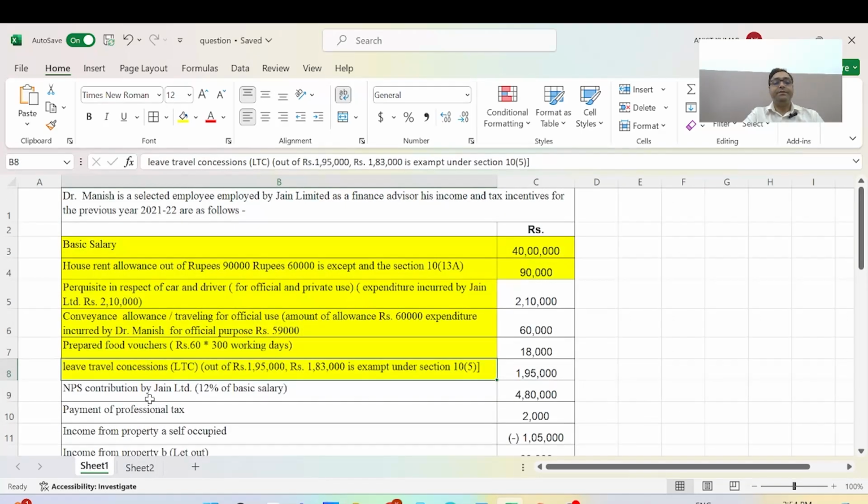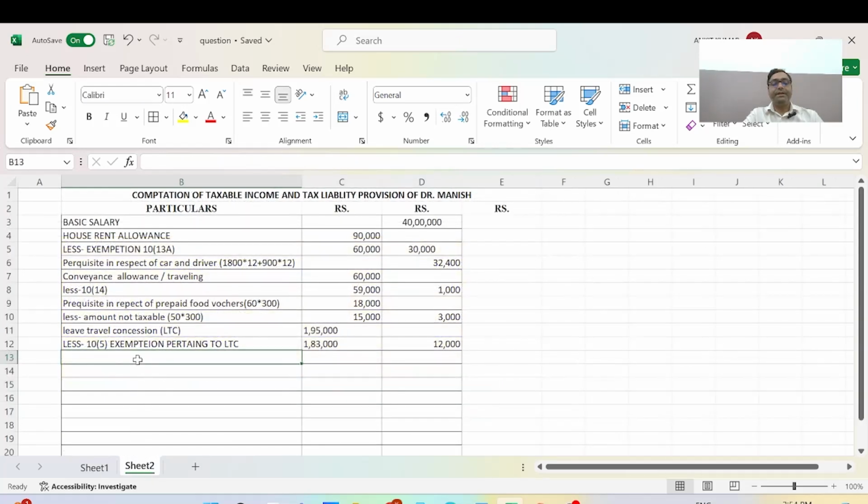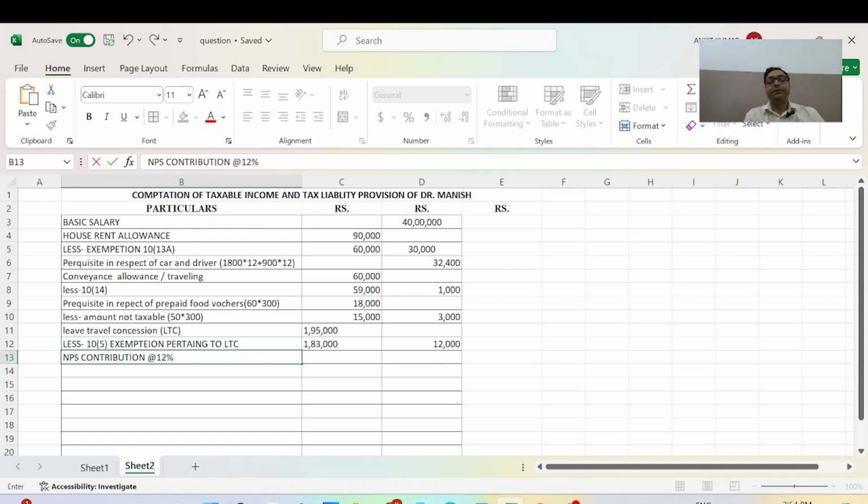Now the NPS contribution by the employer will be added to the taxable amount. NPS contribution is at the rate of 12 percent on the basis of basic salary.